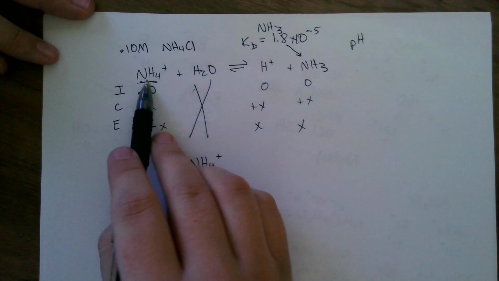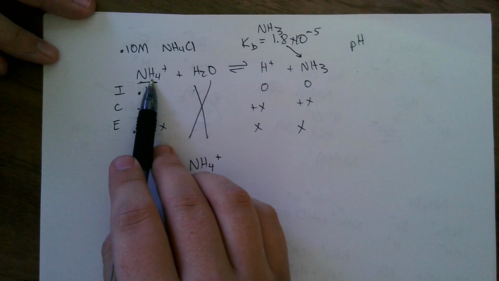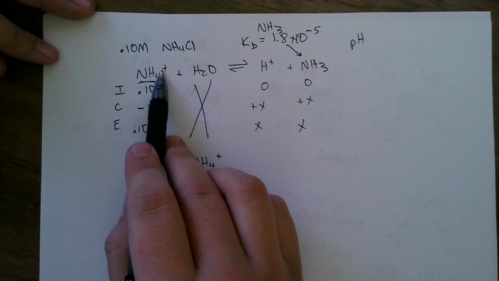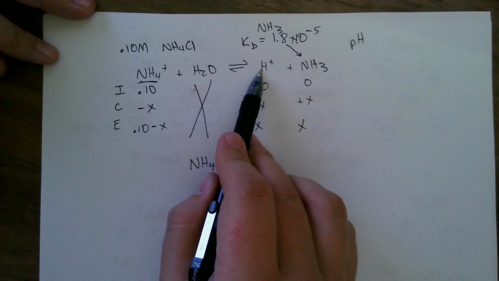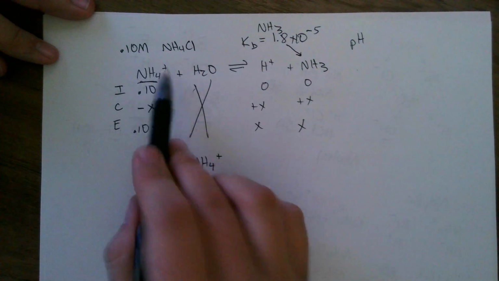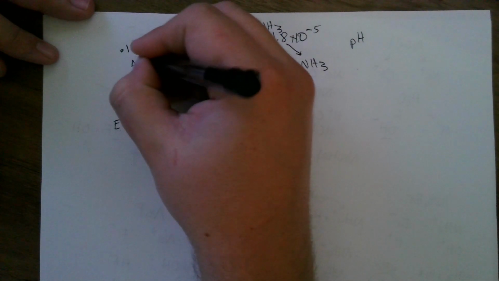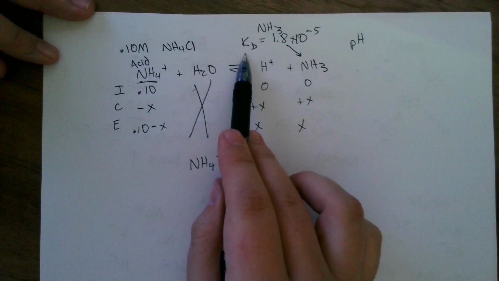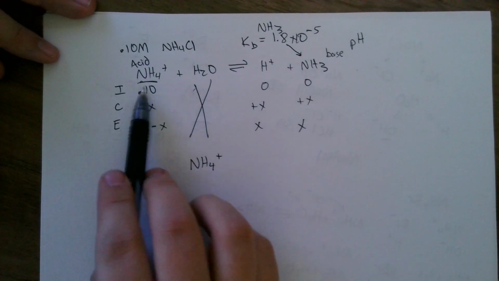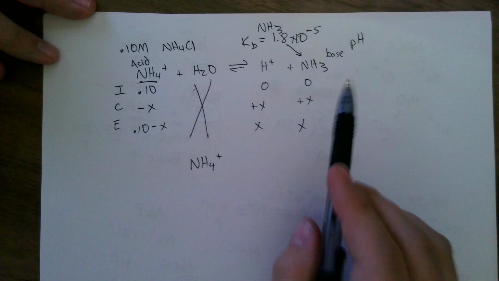Let's look at what's happening to NH4 plus. It is going this way. It's going to be losing an H plus and creating a base. So going this direction, NH4 is actually an acid, but it gave you a Kb for this, which is a base. NH4 plus and NH3 are conjugate acid-base pairs.